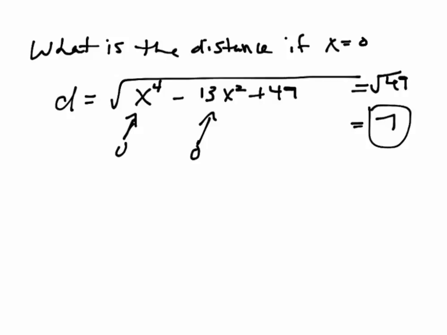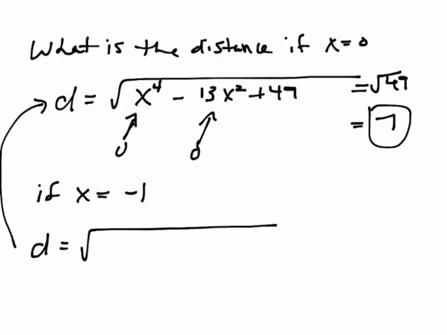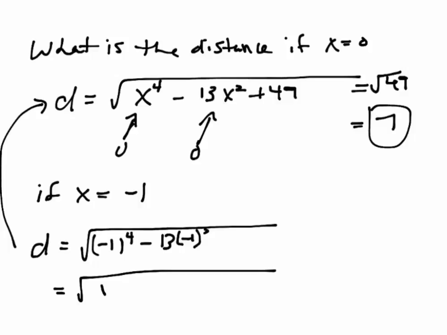Okay, great. Now, what about if x equals negative 1? Use that same distance formula up here, but we're going to put a negative 1 in, so it'd be negative 1 to the 4th, which is going to be just 1, right, because it's a negative to an even power, minus 13 times negative 1 squared.